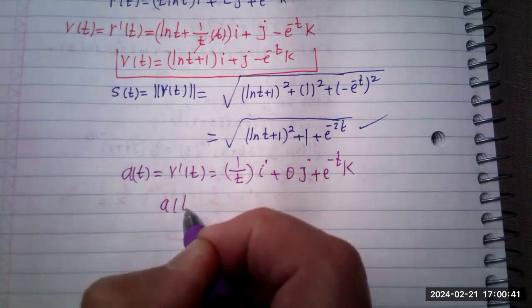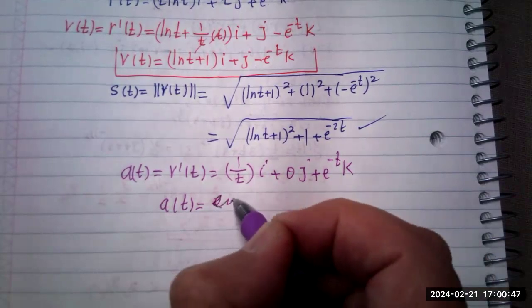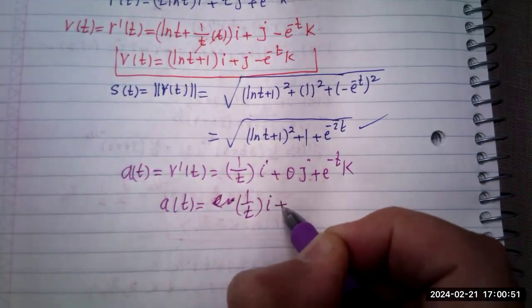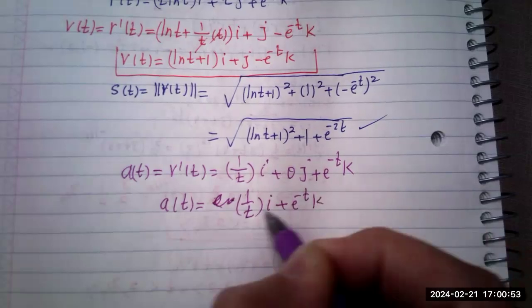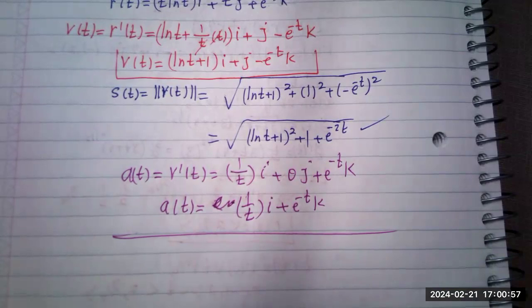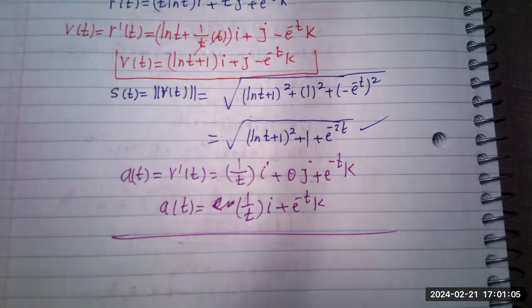So the acceleration function, if you want to keep it as is, is 1 over t i plus e to the negative t k. Okay, so that's a direct problem, when everything is given to you and they ask for it. So this is one version.